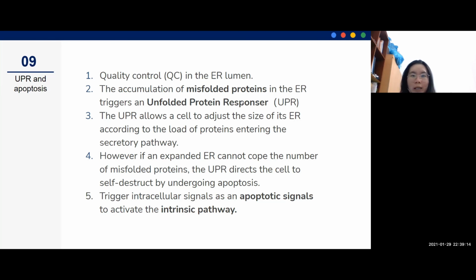The UPR allows a cell to adjust the size of its ER according to the load of proteins entering the secretory pathway. However, if an expanded ER cannot cope with the number of misfolded proteins, the UPR will direct the cell to self-destruct by undergoing apoptosis. The UPR will trigger intracellular signals as apoptotic signals to activate the intrinsic pathway.